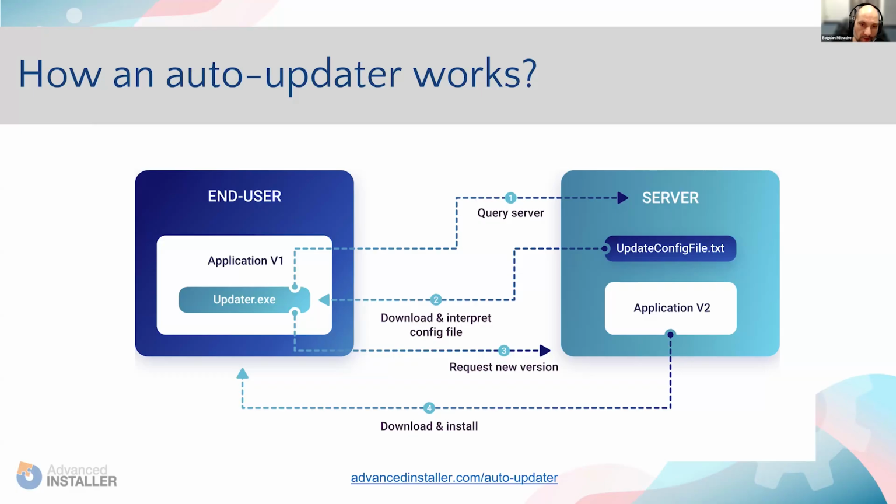So the complexity of configuration can vary depending on your user base and your deployment scenarios. All of these scenarios are now covered by Advanced Installer. For more sophisticated configurations, you can find articles in our user guide on how to configure beta channels or multi-language updates, or you can just contact our support team for more details.